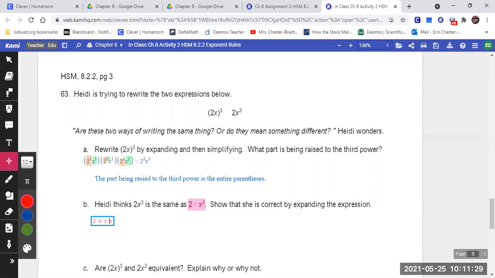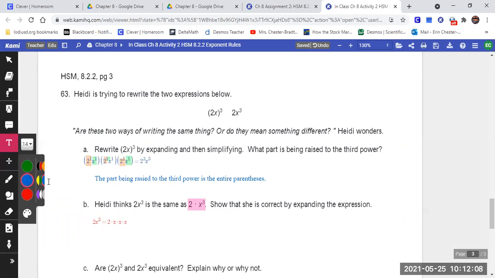So does that mean the same thing as 2x to the 3rd power? Do these two things mean the same thing? Does 2x to the 3rd power equal 2 times x times x times x? Yeah.